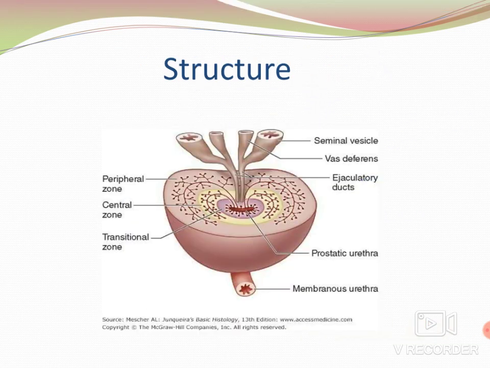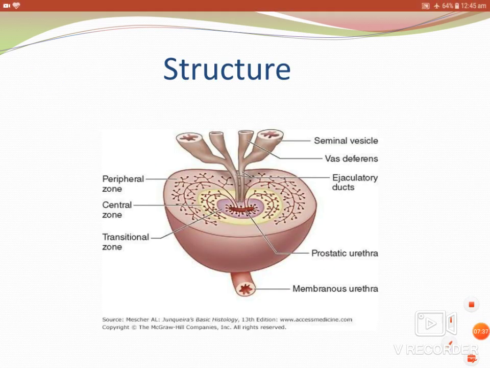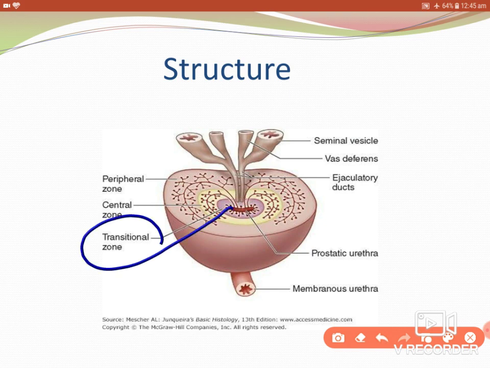Coming to the structure of the prostate. Here, the glands are arranged in such a way that there is an innermost zone called the transitional zone. This is the anterior aspect. This is posterior. There you can see the seminal vesicle, which forms the ejaculatory ducts.